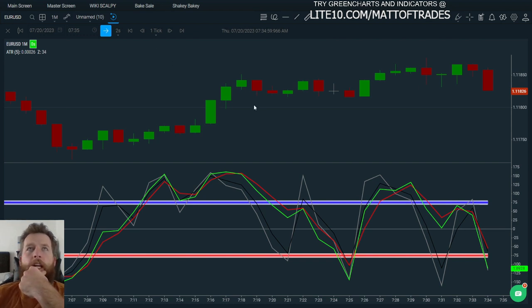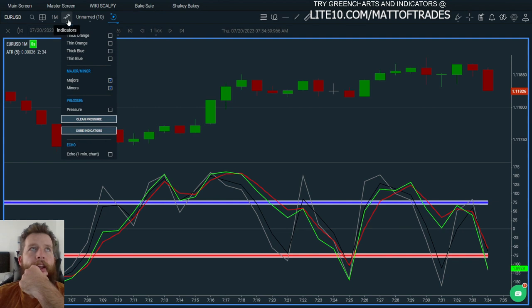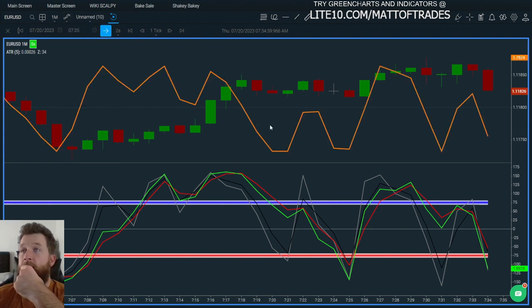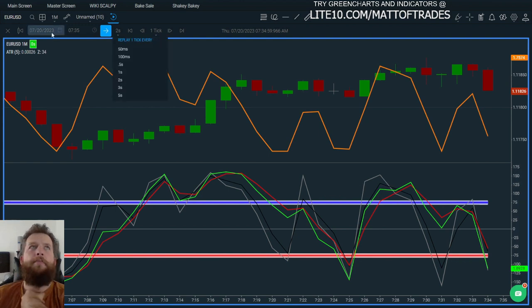Now, it is also worth noting, and we're going to get more into the TNT lines a little bit later, but you can see that the minors and our thick orange on the TNT move very, very similar with each other. But we'll get more into that when we're taking a deeper dive into looking at strategies that go along with these indicators. But today we're just going to be talking about majors and minors.